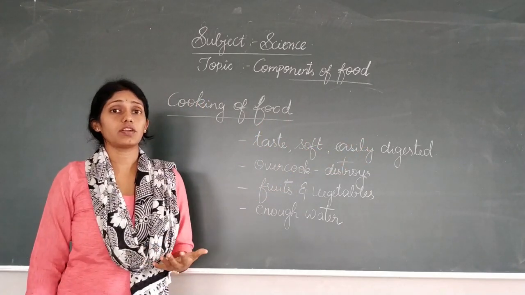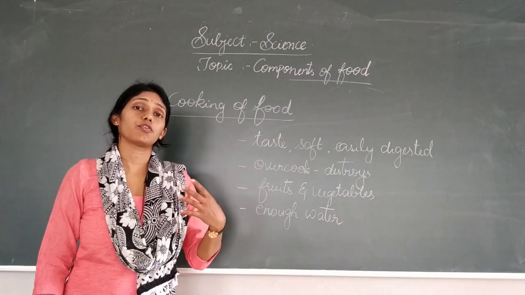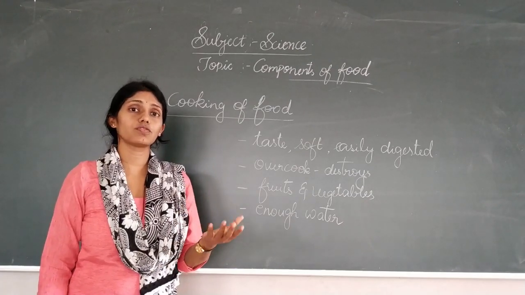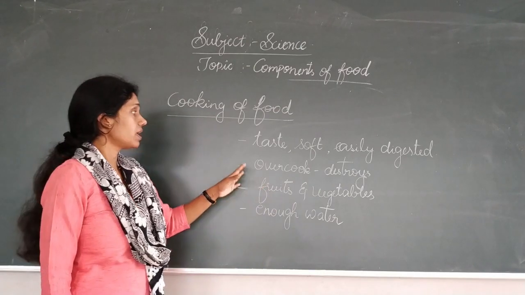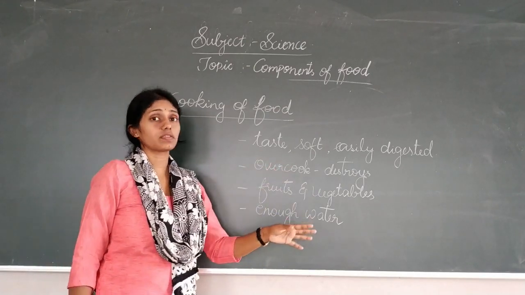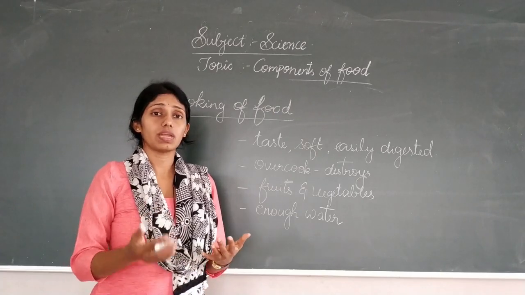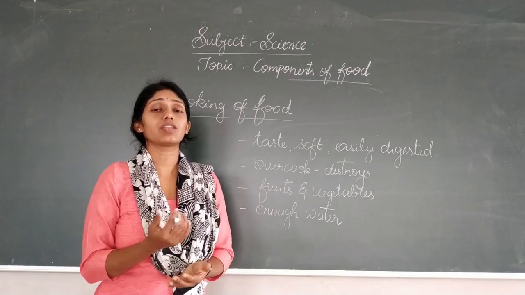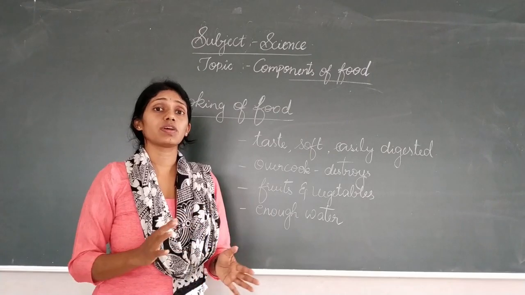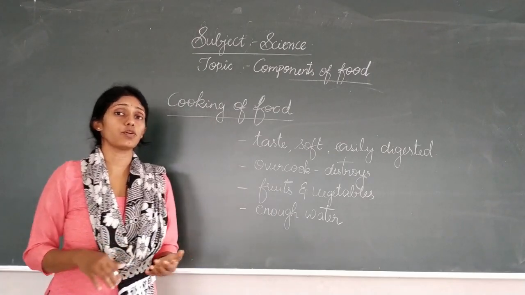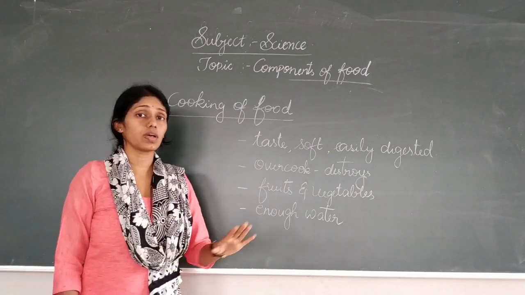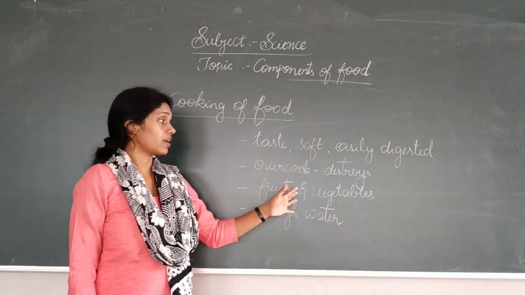There are different methods of cooking, right children? For different food items, we use different cooking styles. Now, overcooking destroys the vitamins in the food. What do you mean by overcooking? We heat it over and over again, it will destroy the nutrients present in the food. So we should not overcook the food. And then fruits and vegetables.